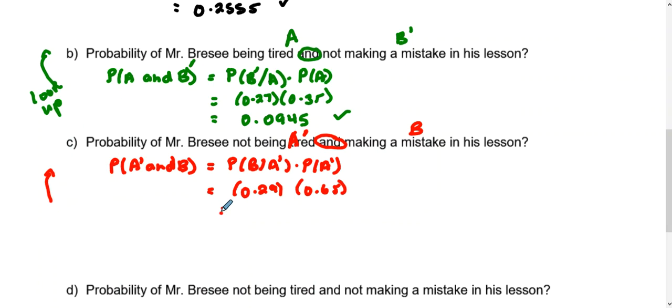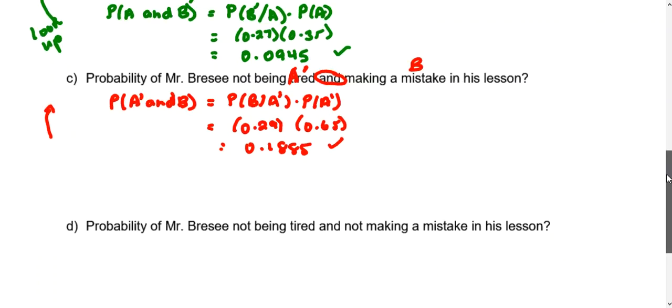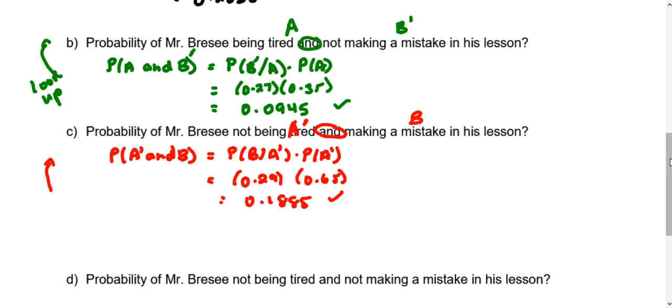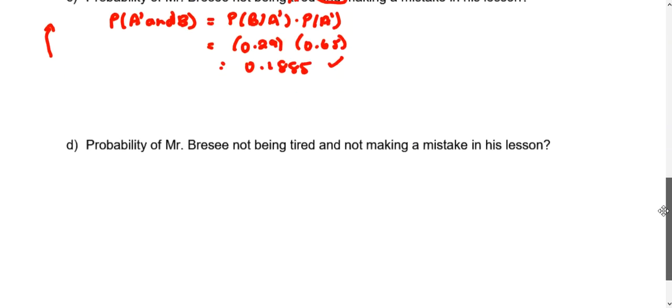So 0.29 times 0.65. There we go. All right. And the last one, I'm going to push pause. I want you to try it now by putting in the right letters in there and trying the answer and see if you can compare it with mine.